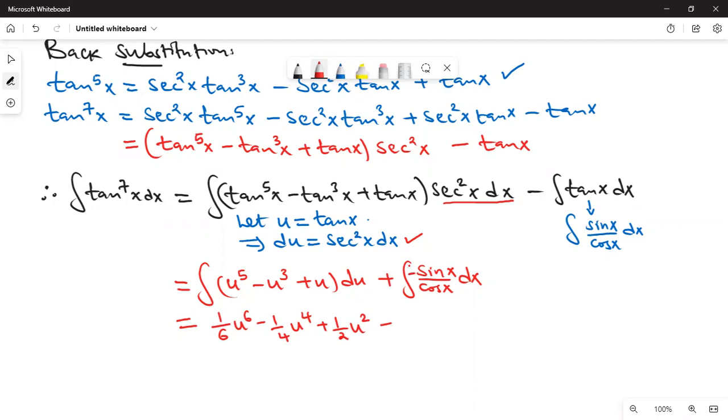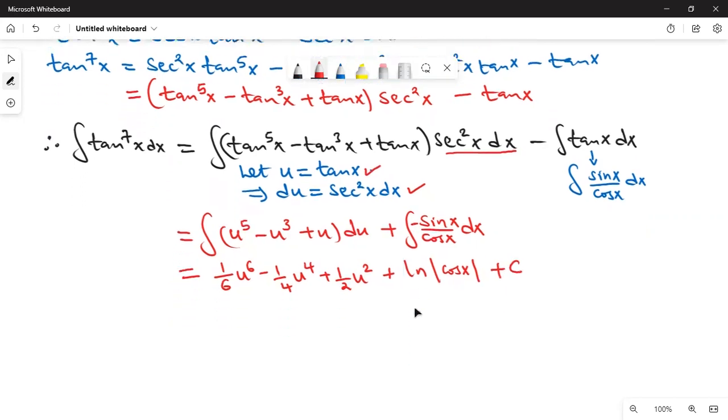When you let u be cos x, du will be negative sin x dx. So that's like integrating 1 over u du. So that's a plus ln of cos x. Then there's a constant c of integration. Now let's replace u. Our u in this case is tan x.